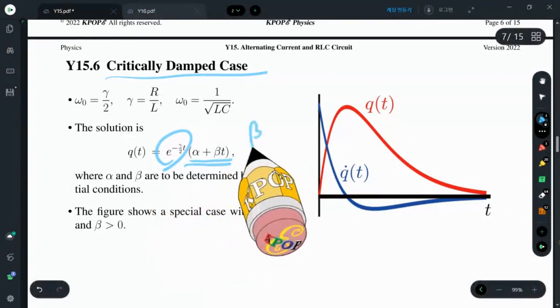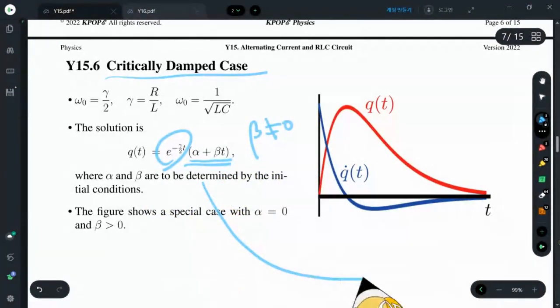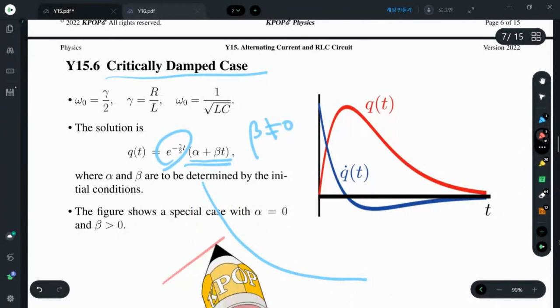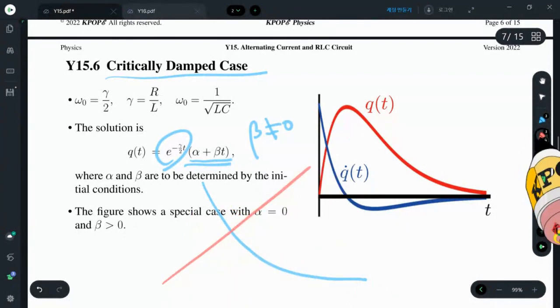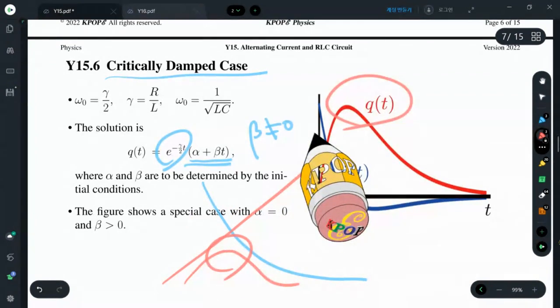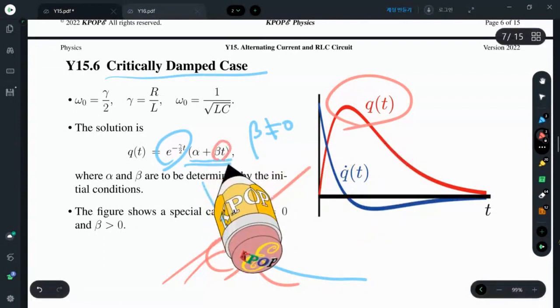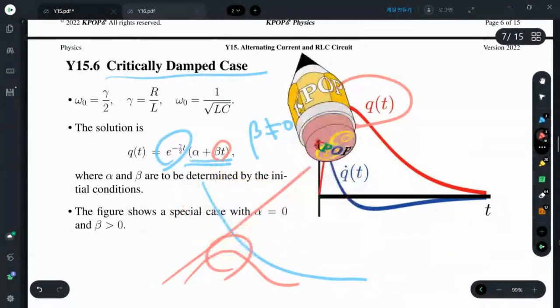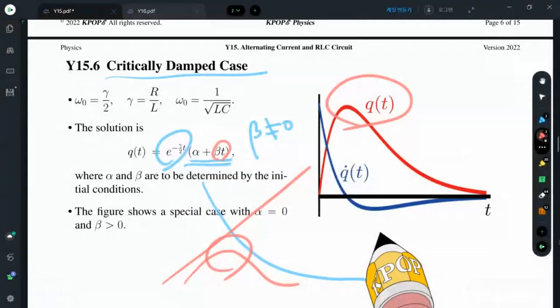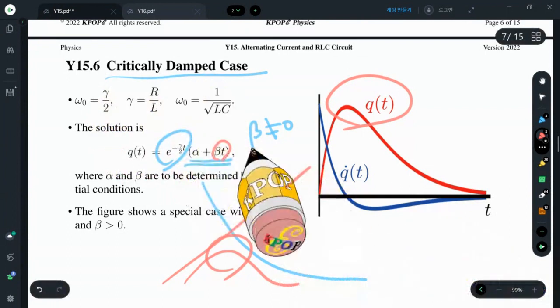In case beta is not equal to 0, we have an exponential function multiplied by a linear function. The resultant function has a bump, just like this. However, it is not general. If beta equals 0, it is strictly decreasing. Anyway, this is a special feature of the critically damped case.